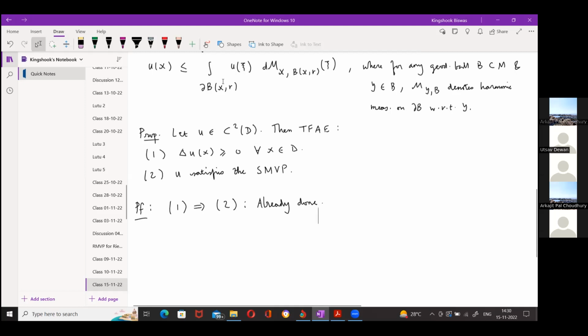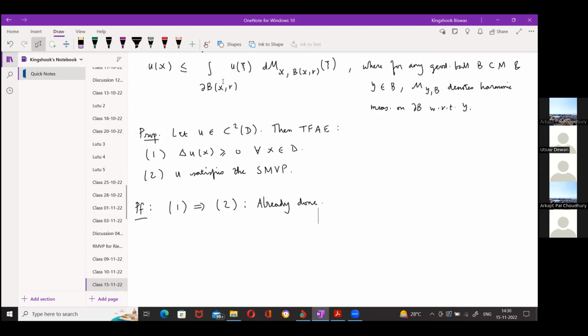Then you look at the function U minus H. The Laplacian of that is also greater than or equal to 0 in the ball B, because the Laplacian of H is 0 and the Laplacian of U is greater than or equal to 0. And so once the Laplacian of U minus H is greater than or equal to 0, you get that U minus H achieves its maximum on the boundary of the ball.